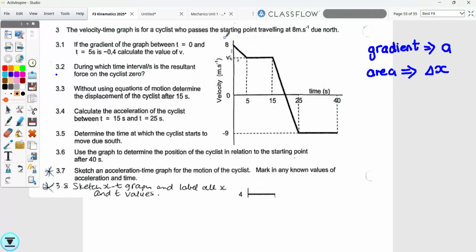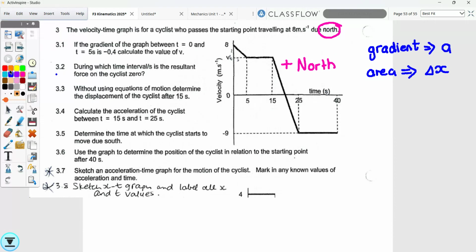Then the next thing that you do before you start answering the question: there's a velocity time graph, so here all the velocities are positive. Write for yourself here, positive velocities are here, and the question told us that it's starting at 8 meters per second north. So anything above the line would be north.